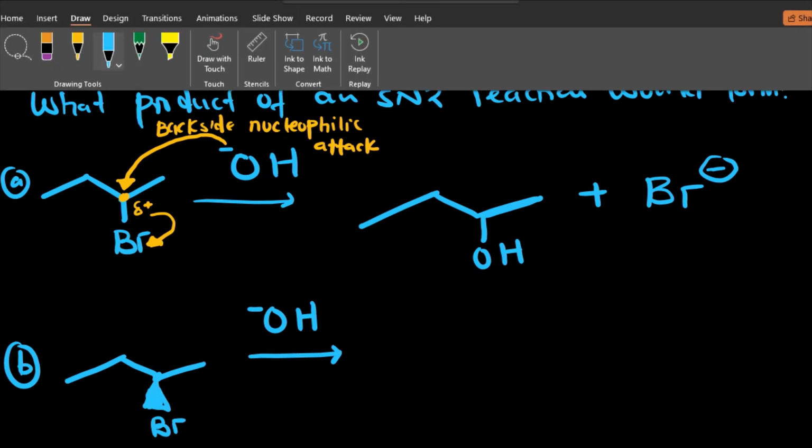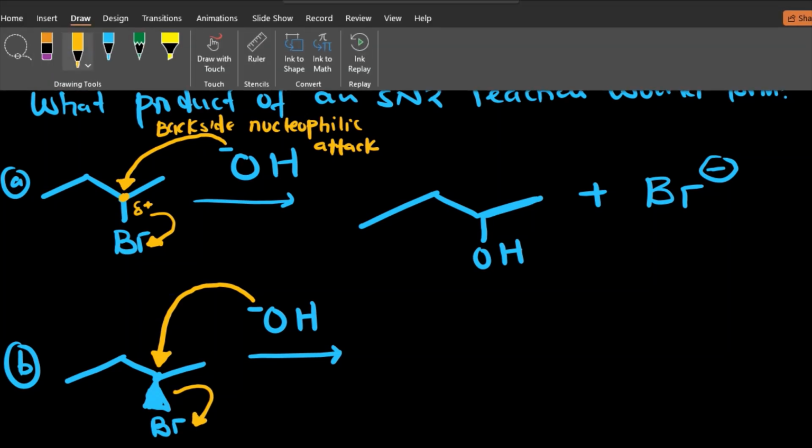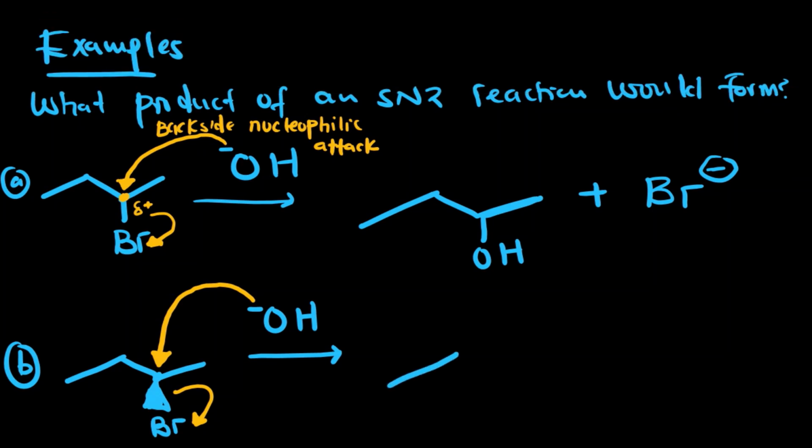Okay, so it is the same mechanism that is going to take place. The nucleophile is coming and it will attack at the alpha carbon 180 degrees at the back of the leaving group. Then this leaving group goes. When that leaving group goes, what is going to form is this product here, plus.